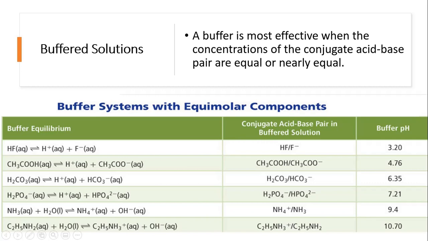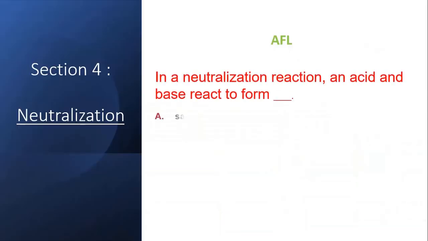If this is basic and you have its conjugate acid, you are going to have a buffer pH in the basic range. If you have an acidic solution and its conjugate base pair, you are going to talk about the pH in the acidic range.